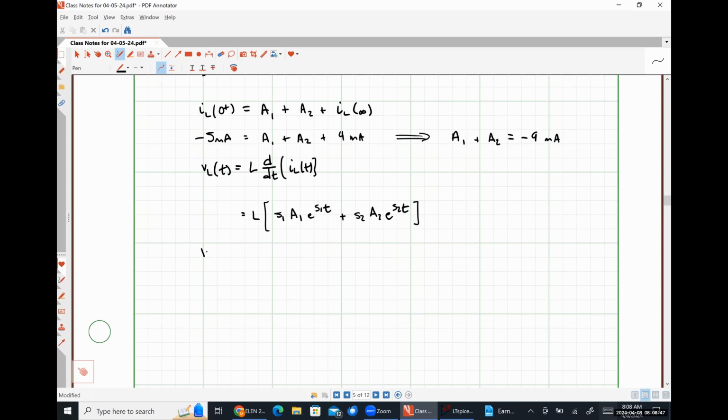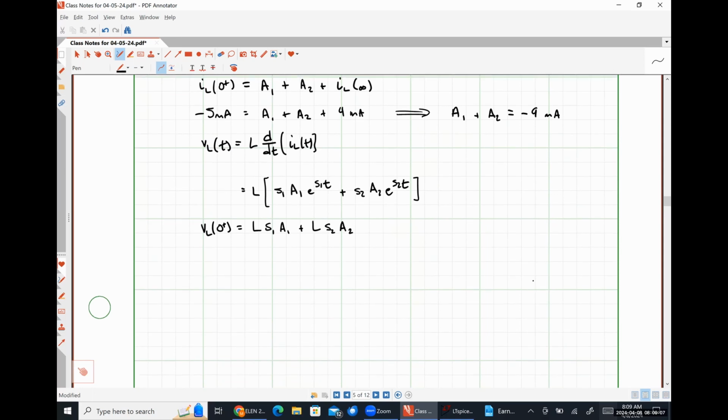At t equals 0 plus, this is going to reduce to L times S1 times A1 plus L times S2 times A2. And we are going to, once again, substitute in our numbers.